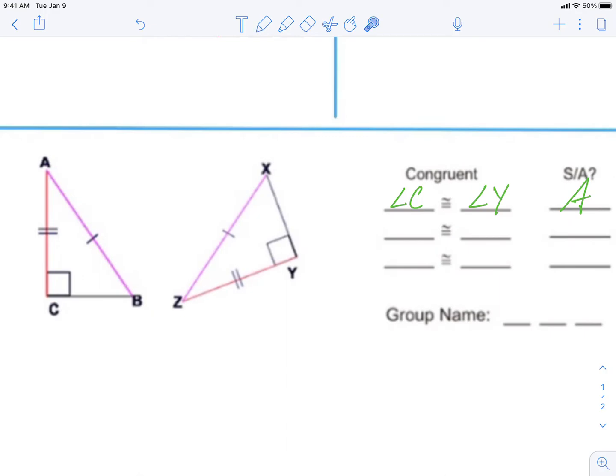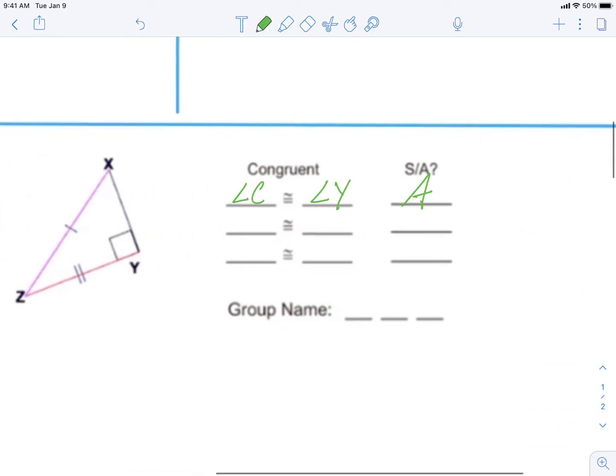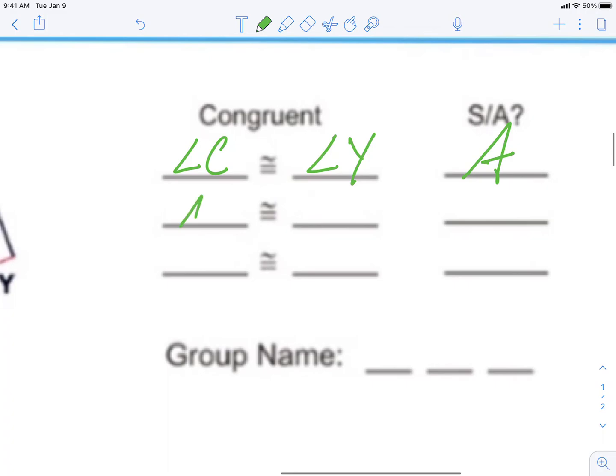Next, we're going to say this dash right here, XZ, is congruent to AB. So AB goes first, right? AB is congruent to XZ, and that's a side.